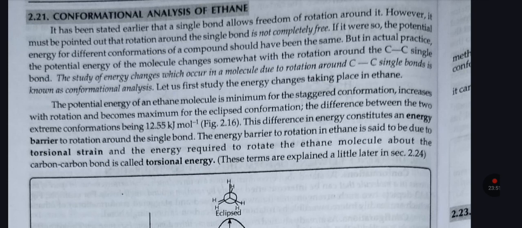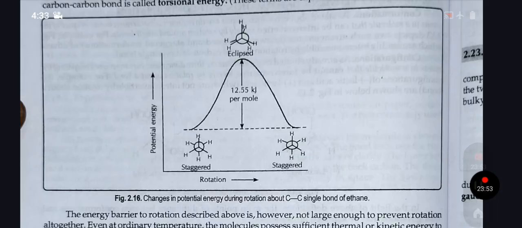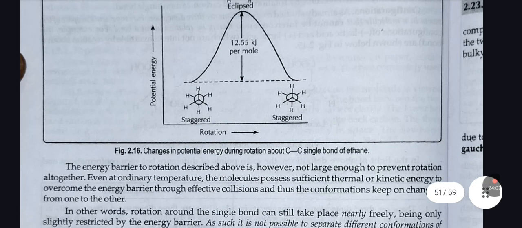This figure shows the changes in potential energy during rotation about the carbon-carbon single bond of ethane. The energy barrier to rotation described above is, however, not large enough to prevent rotation altogether.